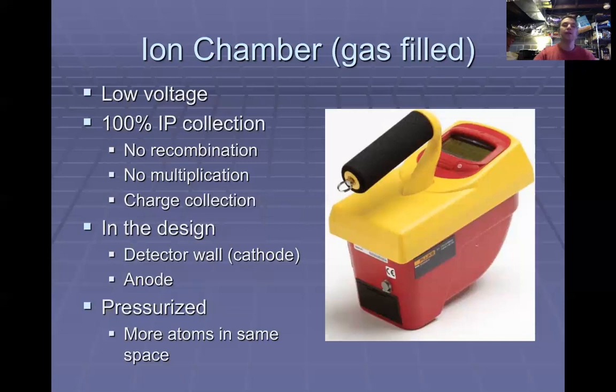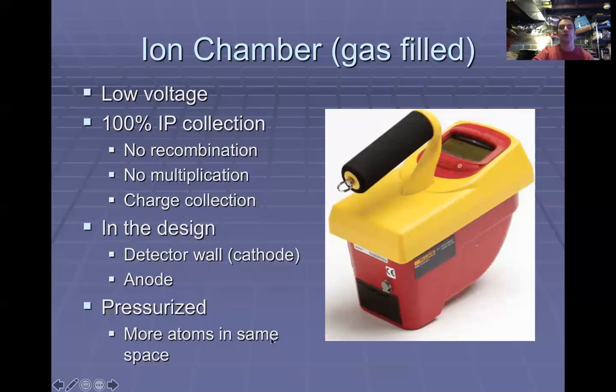Now you can get down to lower and lower levels, like on the order of background levels, by pressurizing that chamber. So you have a gas fill detector. If you increase the pressure, if you stuff more gas molecules into the same volume, what this achieves is more gas molecules inside of the same volume, which means there's more of a chance for radiation to interact with those gas molecules.